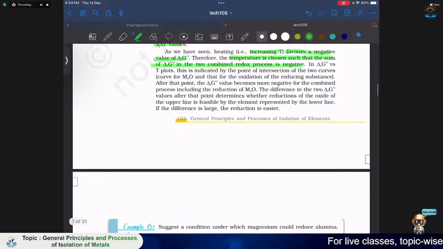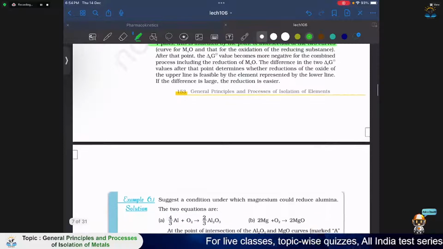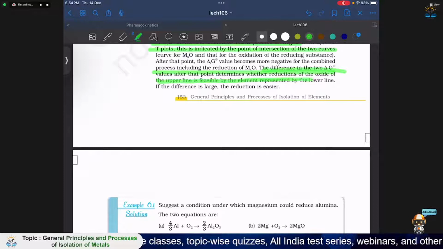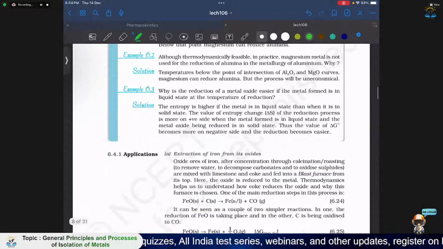In delta G naught versus T plots, or the Ellingham diagram, this is indicated by the point of intersection of the two curves. The difference in the two delta G naught values after that point determines whether reduction of the oxide, the upper line, is feasible by the element represented by the lower line. If the difference is large, reduction is easier.